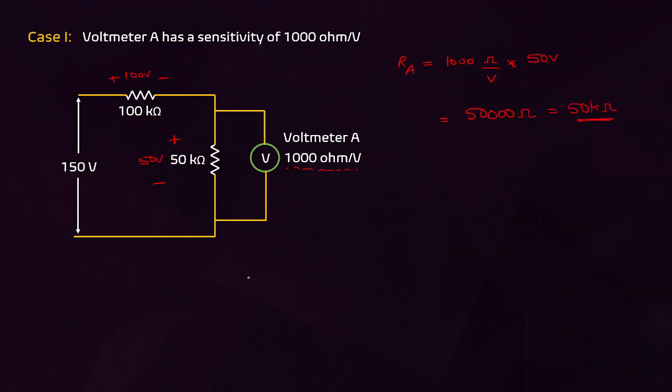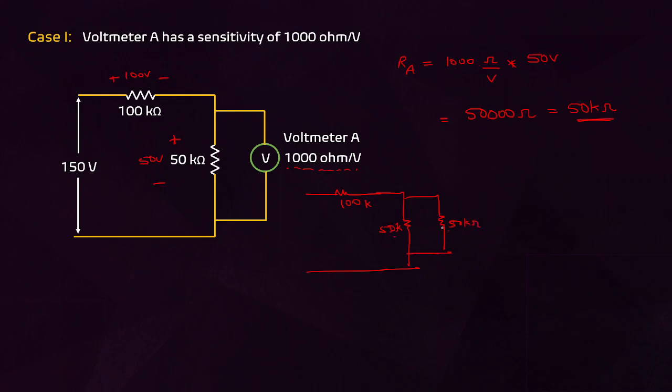50 kilo ohm. Now if I modify the diagram, it is 100k and this is 50k, and again we have one more 50k internal resistance, right? Here there is a voltmeter, along with that it has internal resistance.